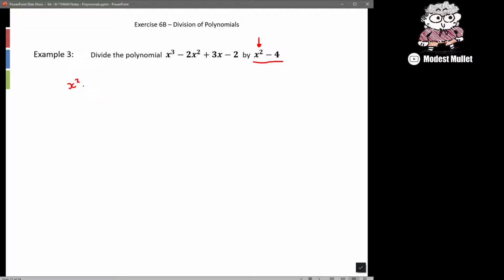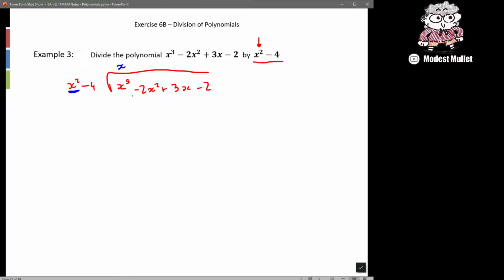So we're doing x squared minus 4, and the original polynomial is x cubed minus 2x squared plus 3x minus 2. Rightio. So the x squared is our magic term, so x cubed divided by x squared, what does that give me?